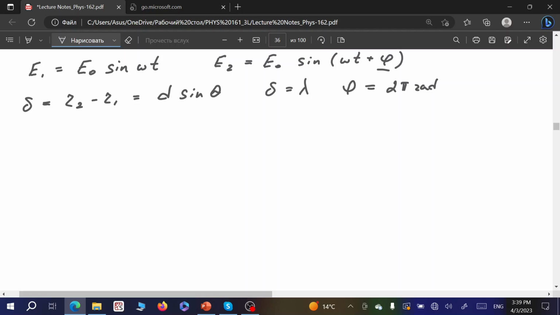Taking this into account, we can write in general that the ratio delta over lambda, a dimensionless ratio because both are distances, is equal to some arbitrary phase shift phi divided by 2 pi. And from here, we can write that phi, the arbitrary phase shift, will be equal to 2 pi over lambda times delta.